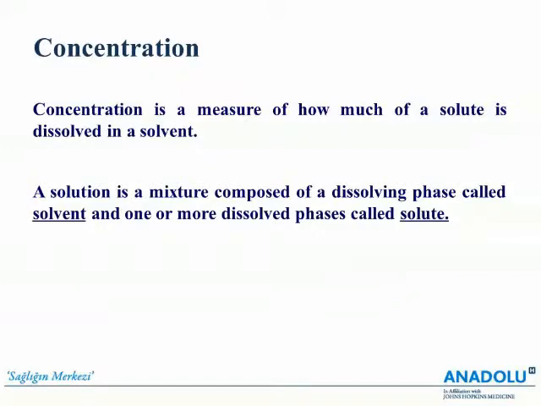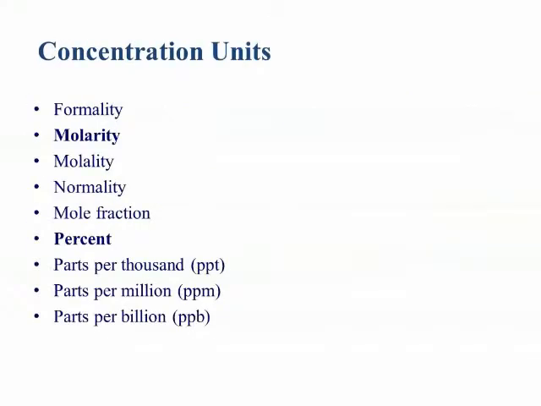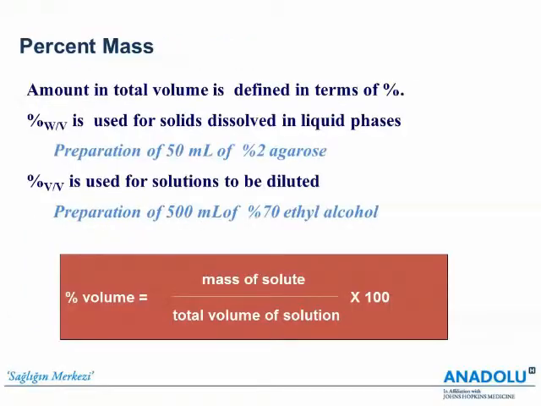So concentration is a measure of how much of that solute is dissolved in a solvent. And the two units of concentration we use mostly in the lab are molarity and percent. When we say percent, that means the amount in total volume is defined in terms of percent.